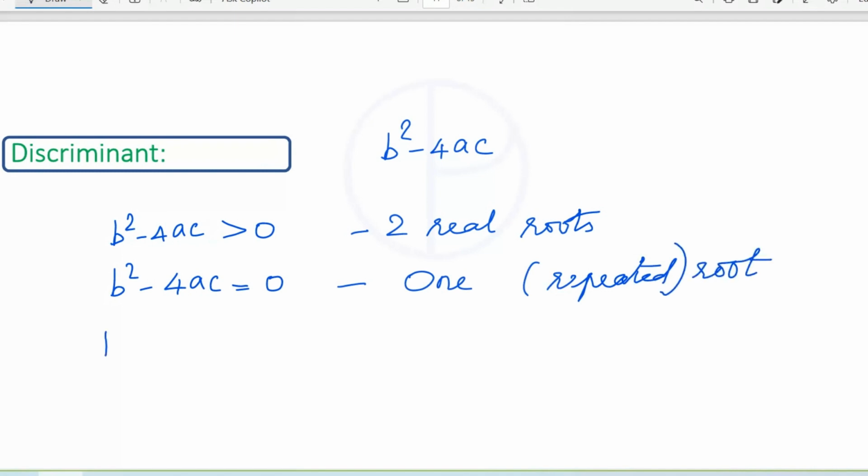The third type is b squared minus 4ac is less than 0. In this case, the quadratic does not cross the x-axis, so no real roots.